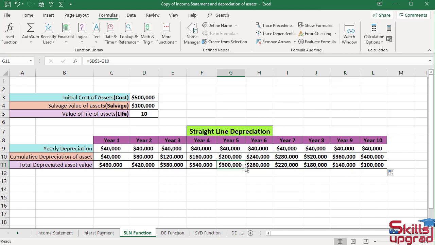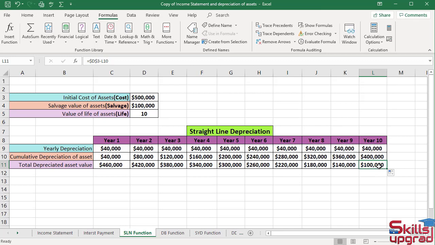After the 5 years, the value of the company asset will be $300,000. After the 8 years, the value of the company asset will be $180,000. And at the end of 10 years, the value of the company asset will be $100,000.